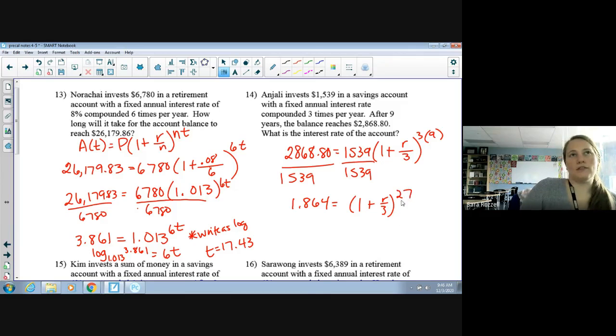Okay, we have to get rid of this power in order to get to the variable. And this is just a reminder. I just want to show you this part. I'm not going to work the rest of the problem. I'm just going to do this one step. Y'all can get the rest of it. So to get rid of something raised to the 27th, you're going to raise both sides to the 1 over 27th. So you do the reciprocal of that. Just a reminder of how to get rid of a power.